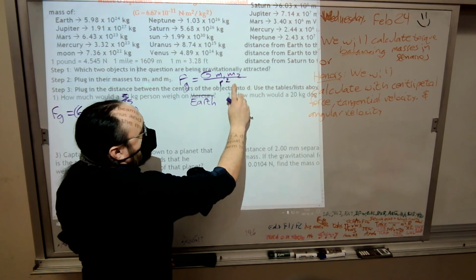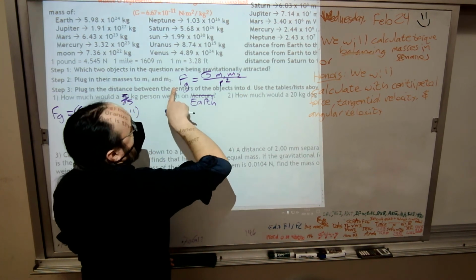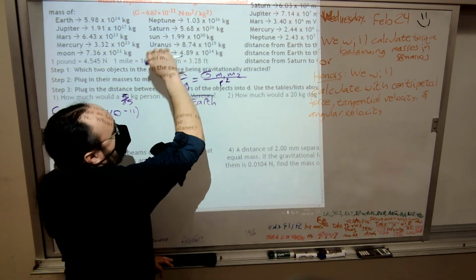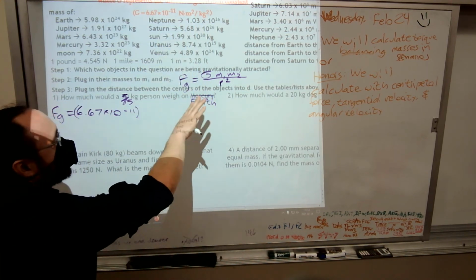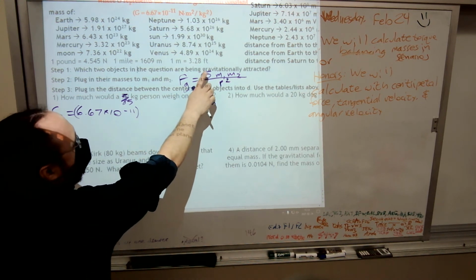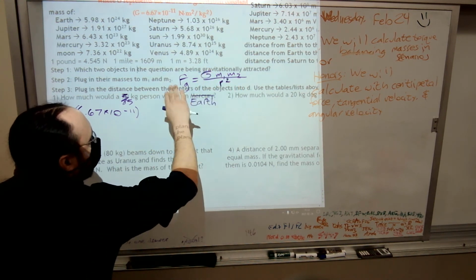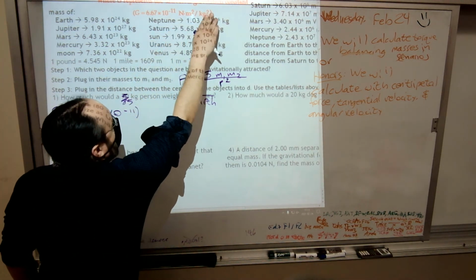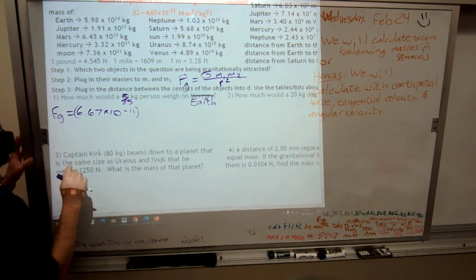So it's kilograms squared over meter squared, and then there's your newtons over here. This has those kilograms and meters and newtons just to make everything cancel, so you're not left with leftover units after you plug in the constant and everything else. So this isn't anything to plug in, that's just the unit for the constant.